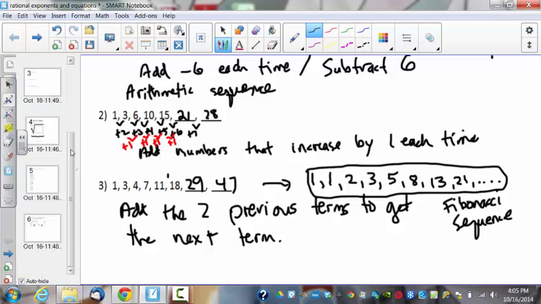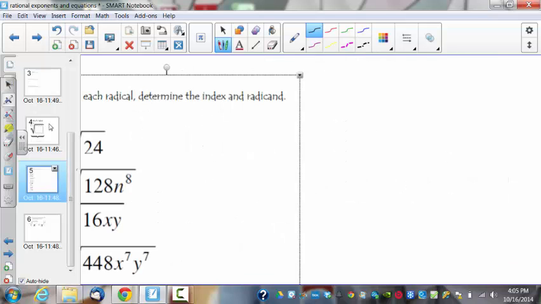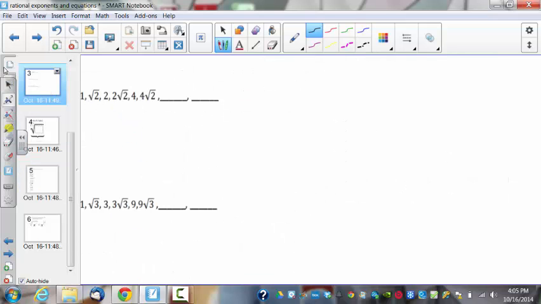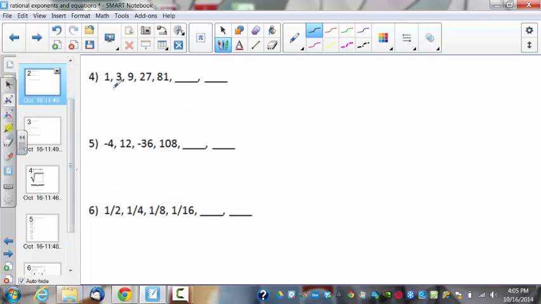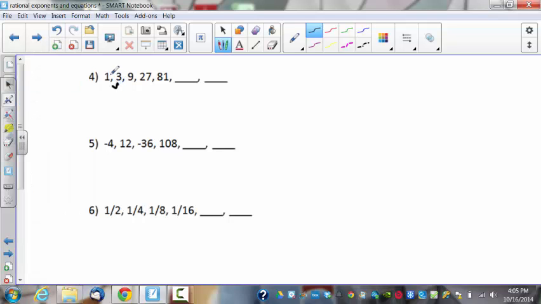Okay, let's go to the next one. So here you can see that it's not adding. If you look at it closely, the 3, 9, 27, 81, they all have a common factor of 3. So you're actually multiplying by 3 each time.